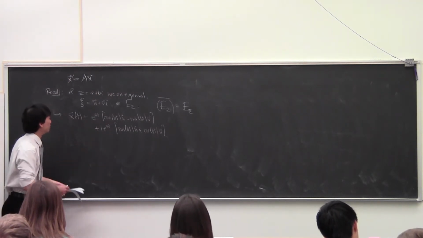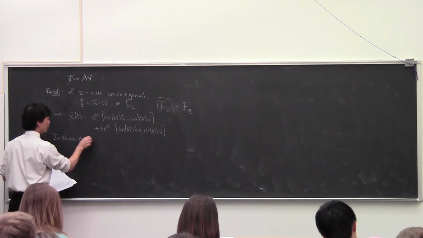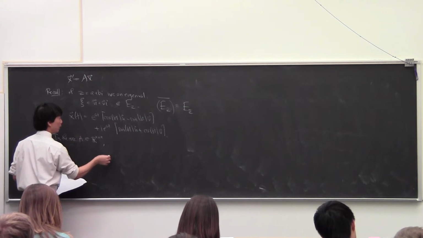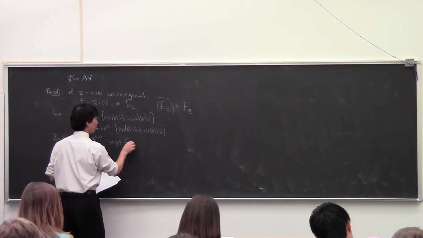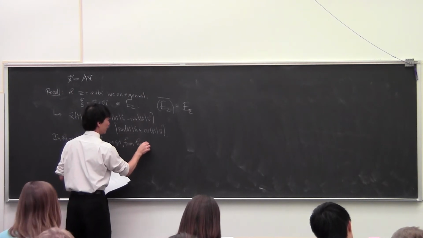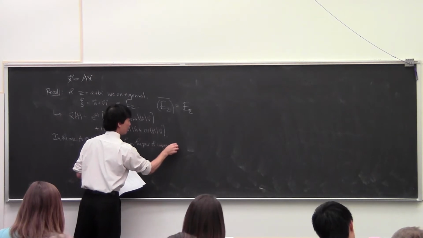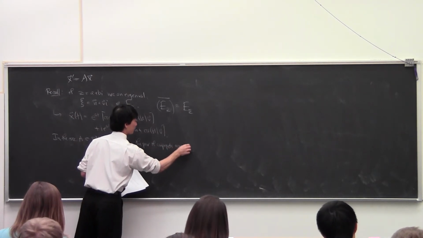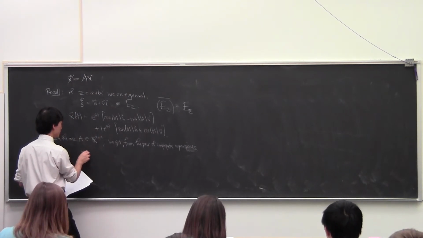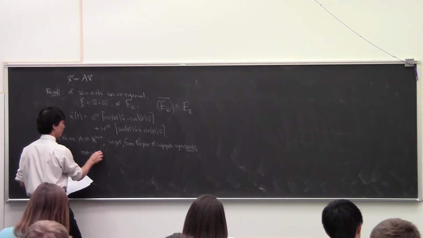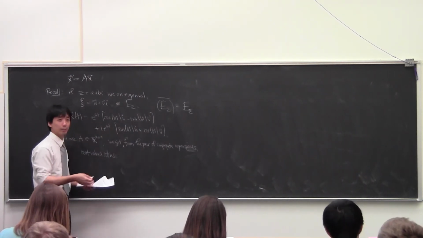And so in the case that A is a real matrix, we get from the pair of conjugate eigenspaces two real valued solutions, namely the real part and the imaginary part.